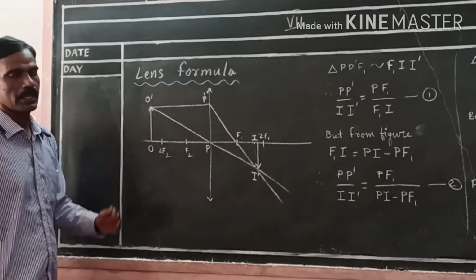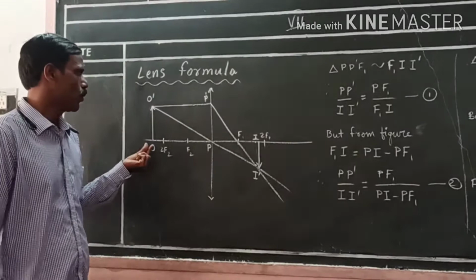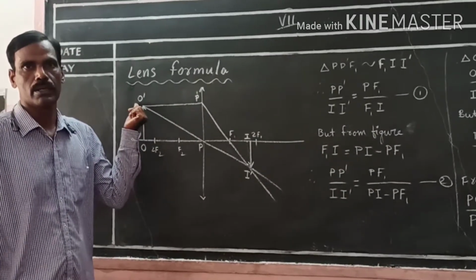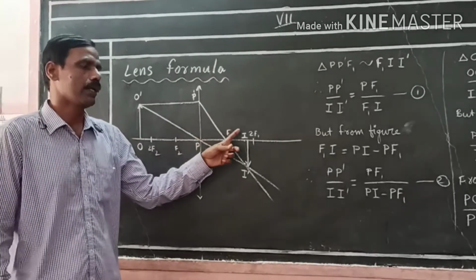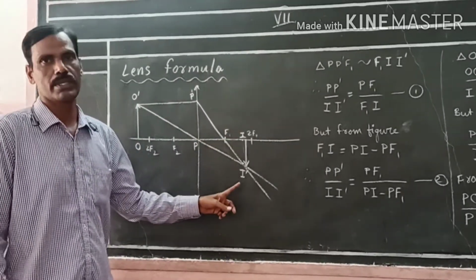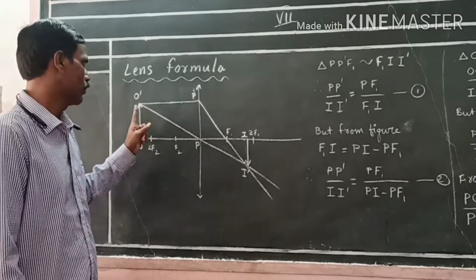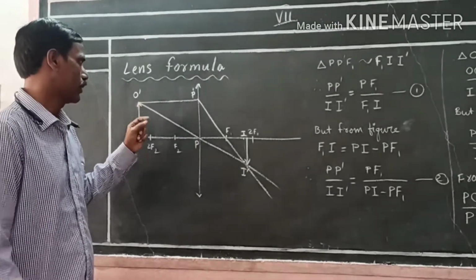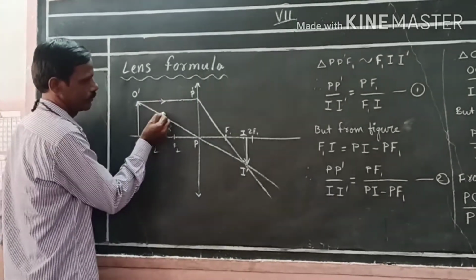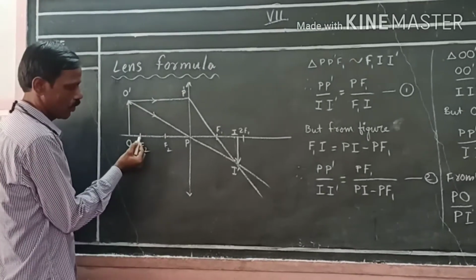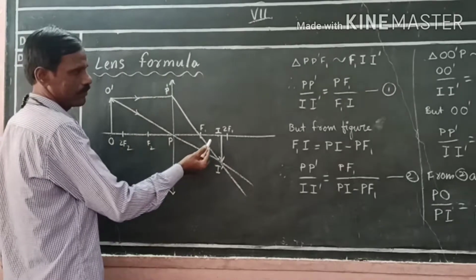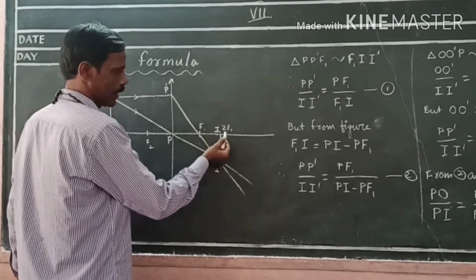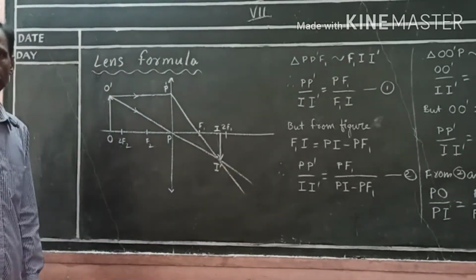Now in this ray diagram, O1 is the location of the object and I1 is the location of the image. When we draw the ray diagram, when the object is just beyond 2F2, the image will be formed between F1 and 2F1.